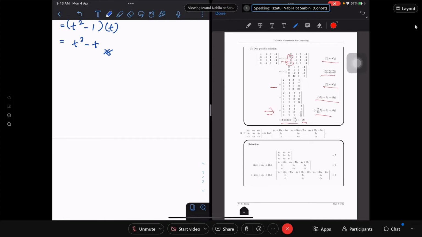Okay, number 3. If you have a matrix, and this matrix equals 5, find the determinant for this matrix. So basically you have to understand the concept. When a matrix undergoes a reduction, it doesn't matter what shape it is at the end of the reduction, the determinant is always the same.